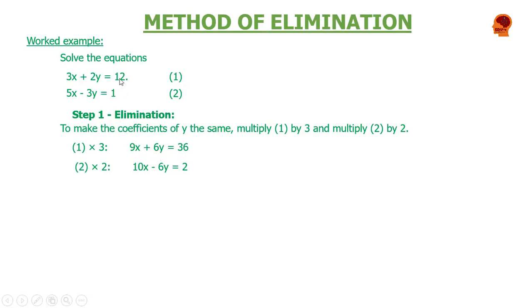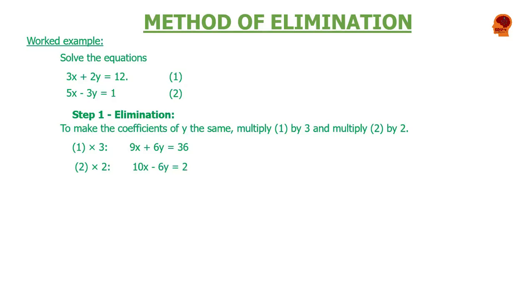Also 3 times 12 gives me 36. In equation 2 I'm going to multiply by 2. 2 times 5x gives me 10x, and 2 times minus 3y gives me minus 6y, and then 2 times 1 gives me 2.